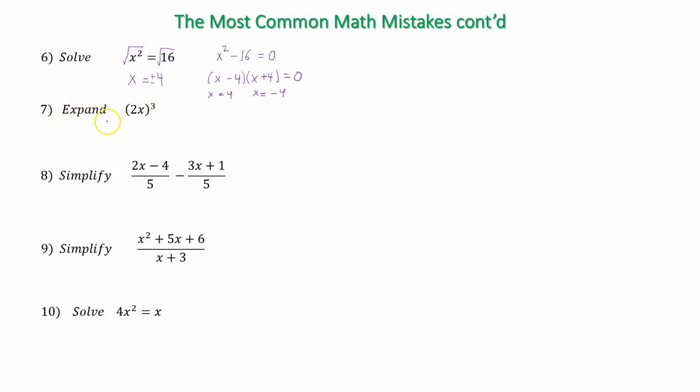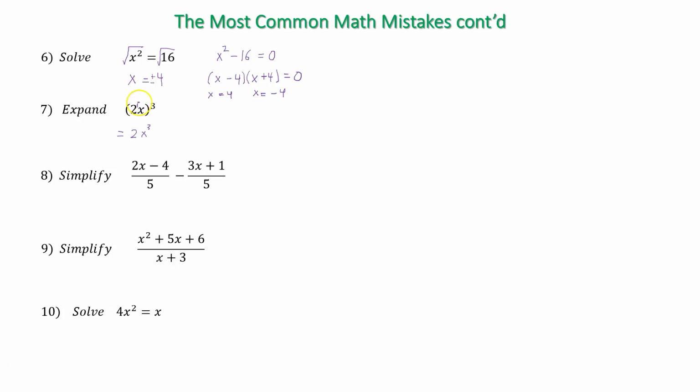So it says expand, and we have 2x to the power of 3, or cubed, in the brackets. What I sometimes see students do is they'll write 2 and then x to the power of 3. What they don't realize is that there's an imaginary 1 here.